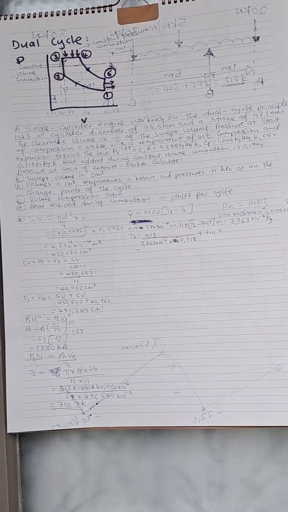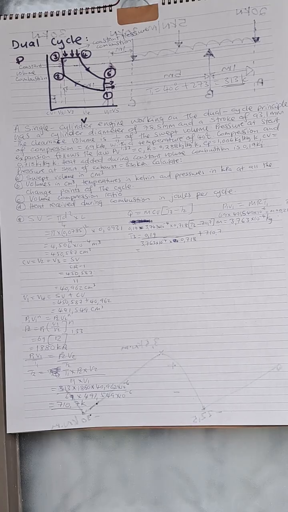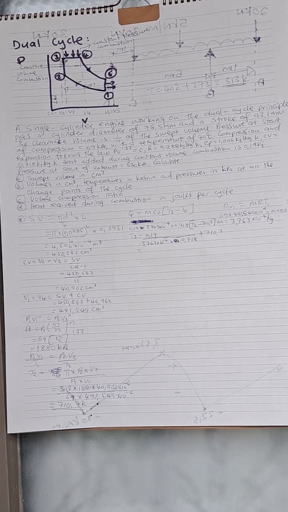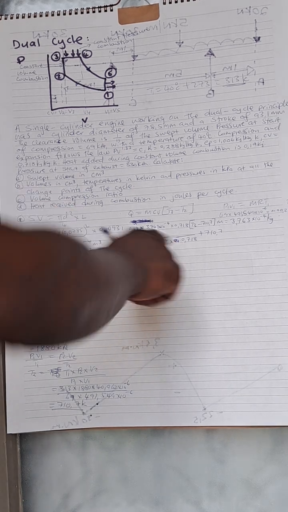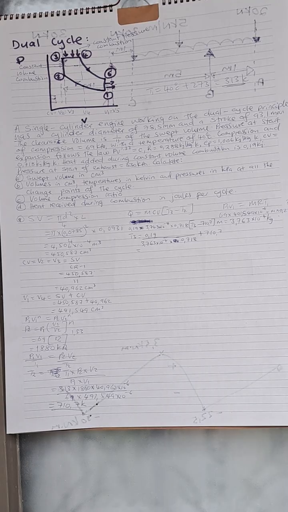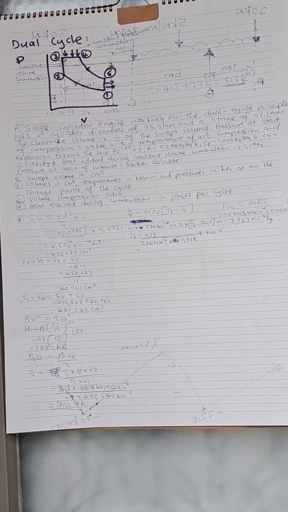So we have 0.19 divided by 3.763 times 10 raised to the power of negative 4 times our CV, which is 0.718, plus 710.7.